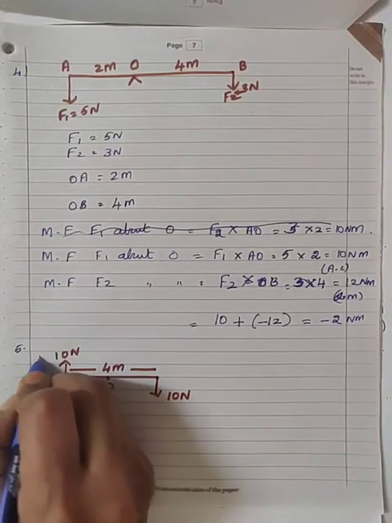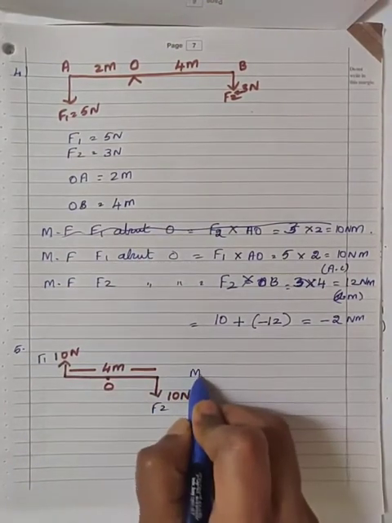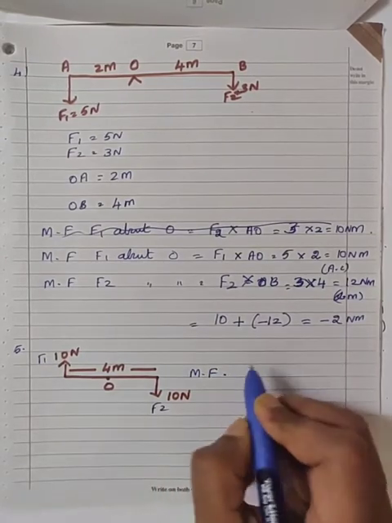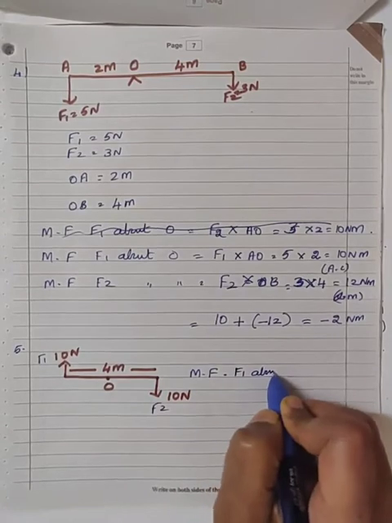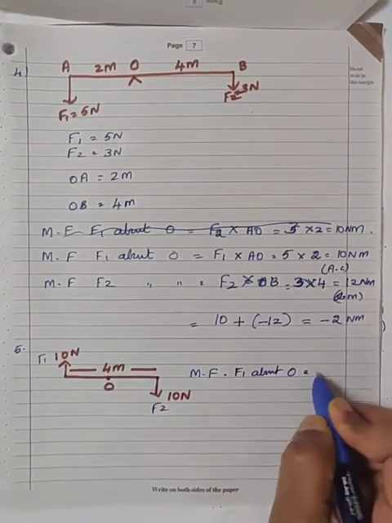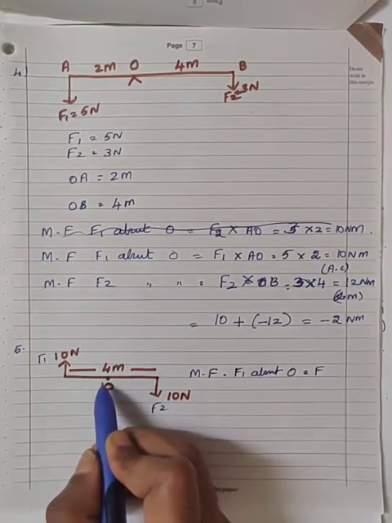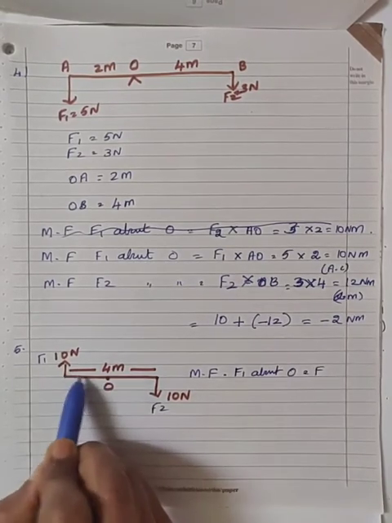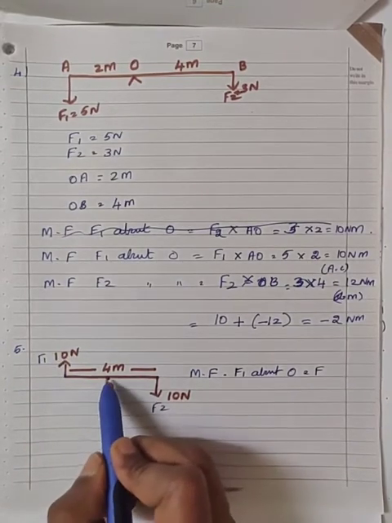This force I take as F1. This force I take as F2. So I can write moment of force F1 about O is equal to F1 into the distance of O, and the point O is at a distance 2 meter, because O is the midpoint. The entire perpendicular distance between the lines of action of both the forces is 4 meter.